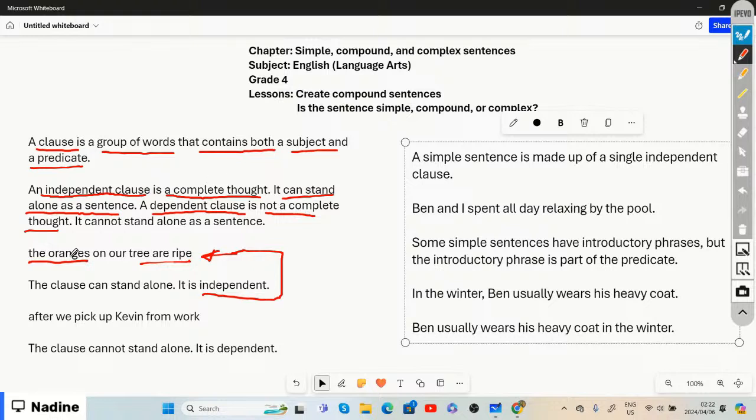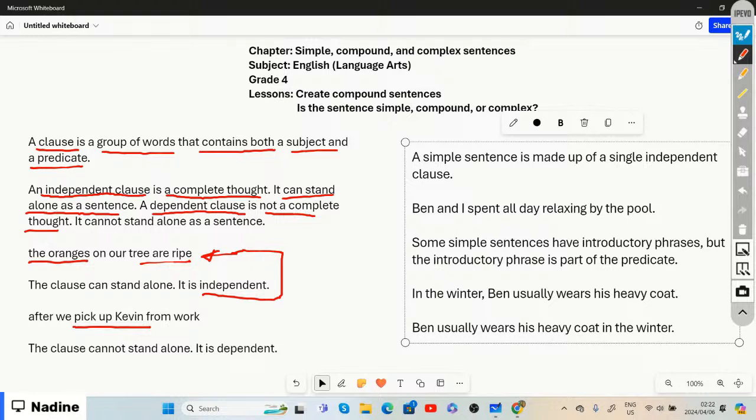But now look at the next sentence. It says, after we pick up Kevin from work. But what is going to happen after we pick up Kevin from work?